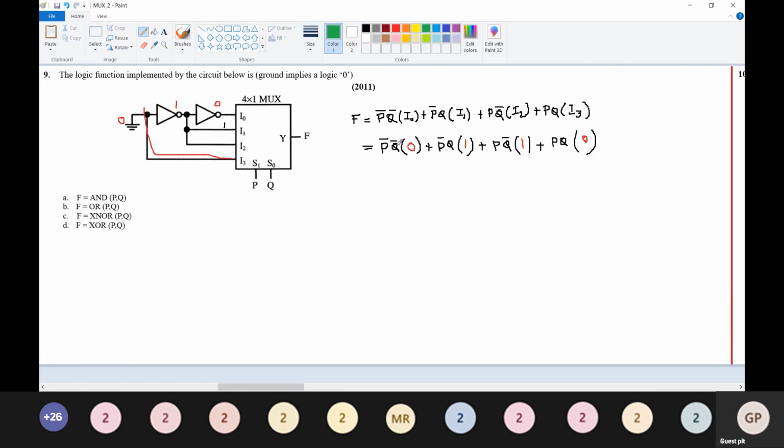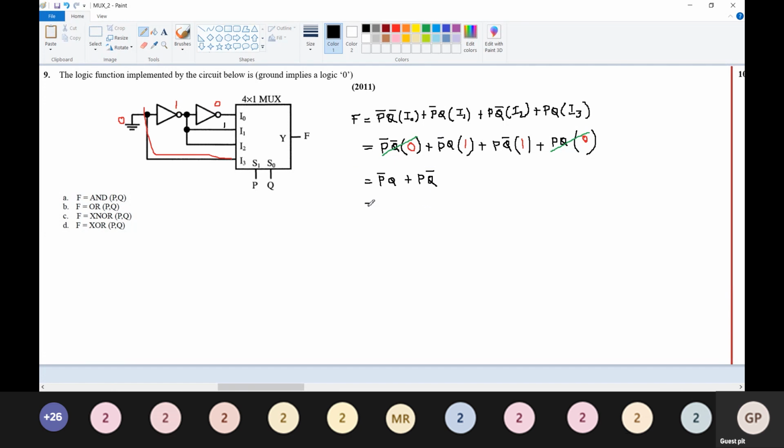So the 0 term has no value. Therefore your answer is P dash Q plus P Q dash. We know this equation is of the format XOR.